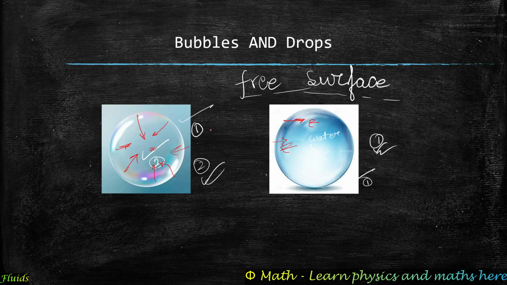Okay, so now for the excess pressure, the radius of the bubble would be, let's say, r. For this r radius bubble, the increase in surface area would be new area minus old area. So what is the new area?